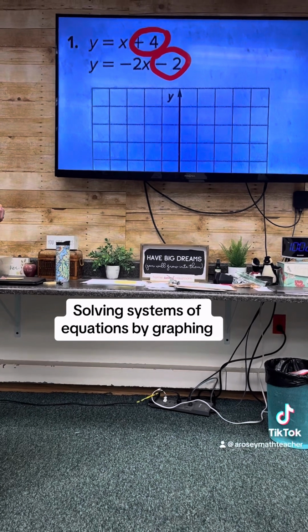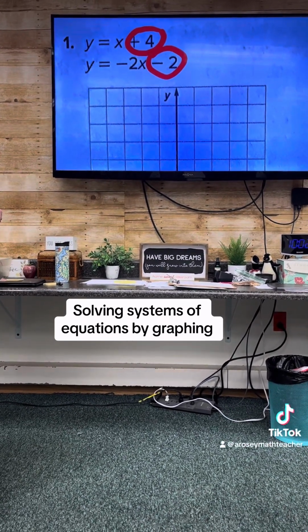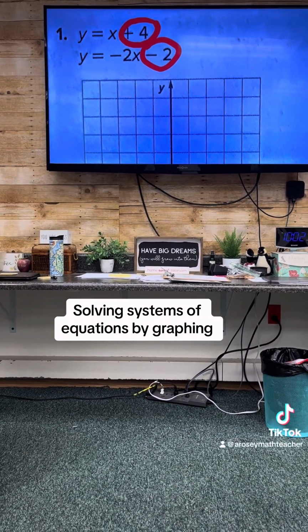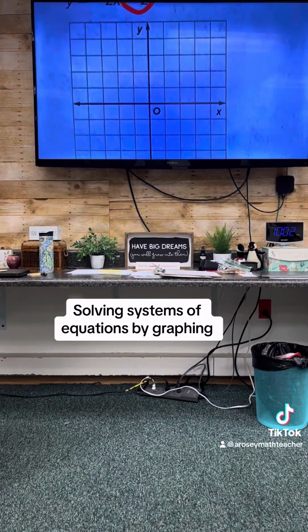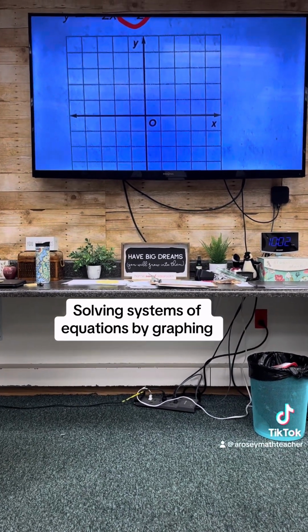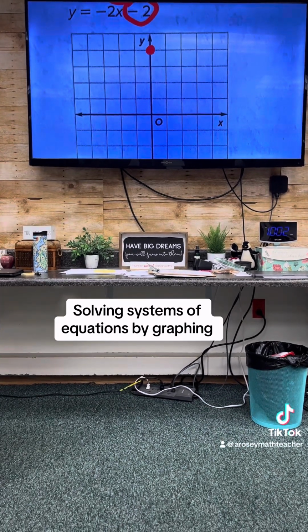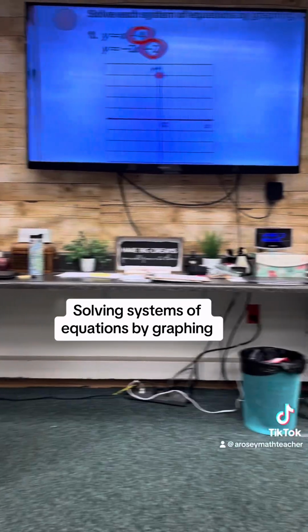All right. Before we do anything else, I want you to go ahead and plot 4 on the y-intercept. What type of 4? Positive or negative? Positive. So up from the point of origin, and we count how many spaces? 1, 2, 3, 4. I will plot the y-intercept. Do not plot the other one yet. I don't want you getting them mixed up.